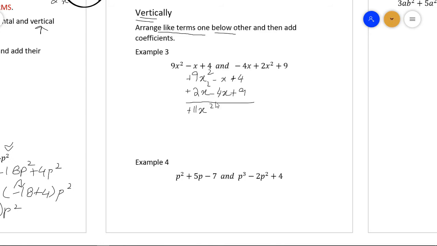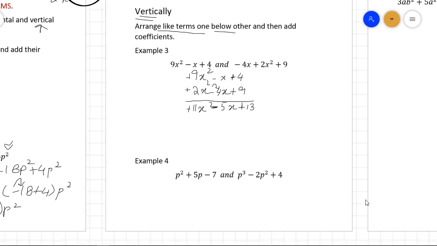Minus minus, again same nature, so we will add them. 4x plus 1x, so it will give us 5x, with, again, greater has authority, the negative sign, and again same nature, so we will add 9 plus 4 will be 13, and positive sign is because of the greater value. Hope you will understand.